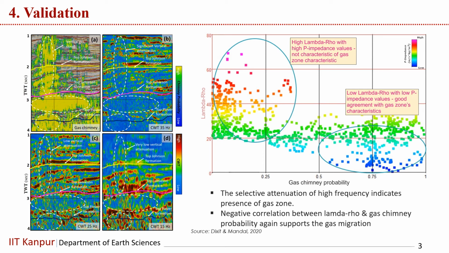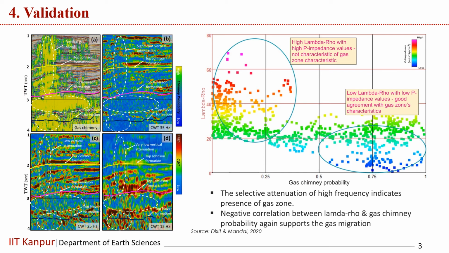For the region of low gas chimney probability, we are getting a high value of lambda rho and also a high value of P impedance, which clearly indicates that these zones are not characteristic of a gas zone. But when the gas probability is higher, above 0.5, we are getting a zone where the P impedance is very low, which indicates that it could be due to gas.